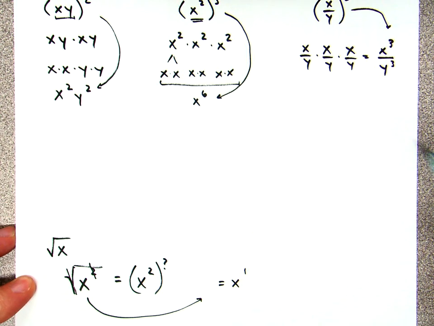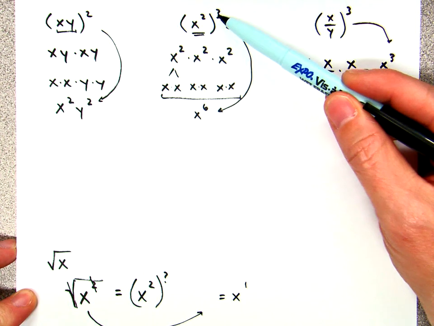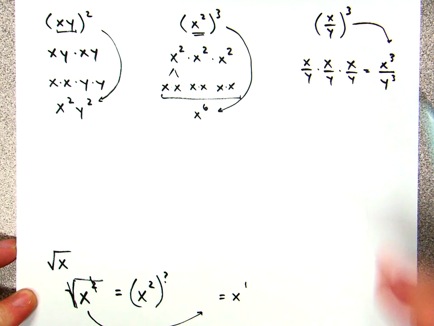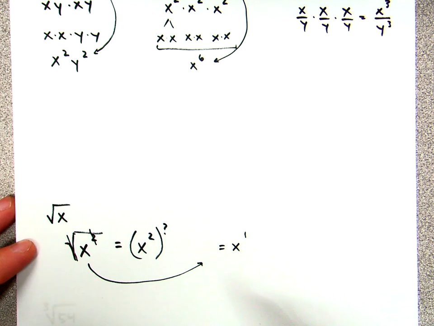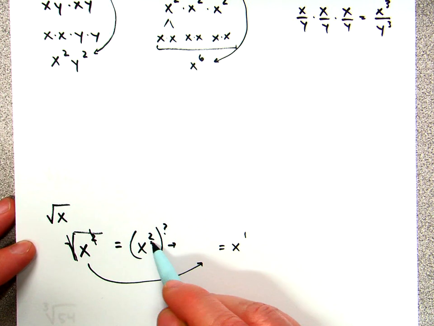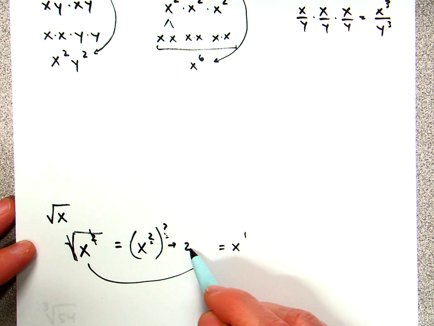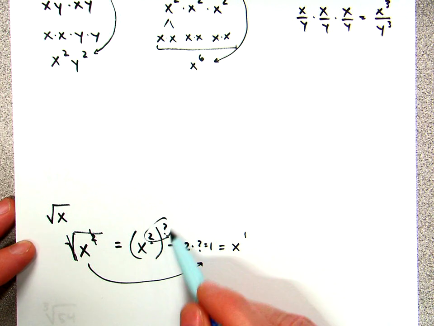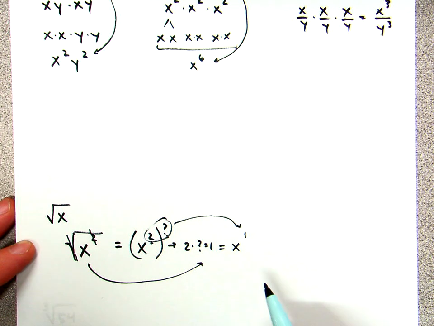Now, we just got done going over that if we have an exponent raised to an exponent, that this would be multiplication. So if we think about how this root works, we can essentially say, well, 2 times some value should equal 1, because if we multiply these together, we should get a value of 1 out.